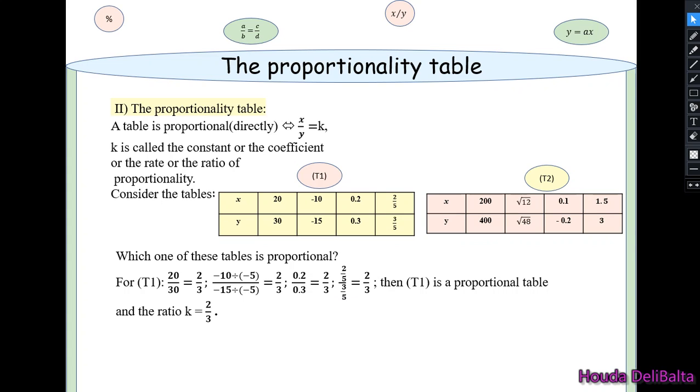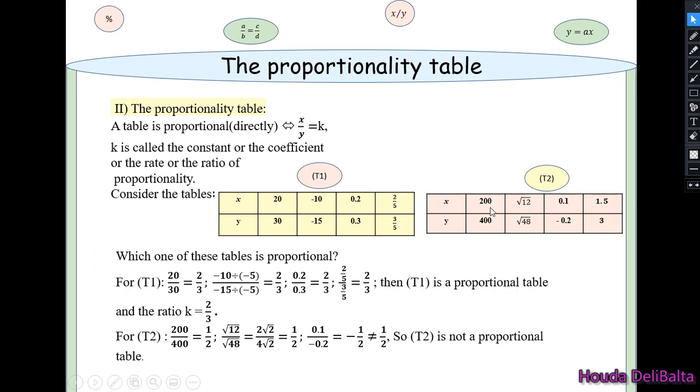Thus, we say that T1 is a proportional table and its rate or ratio of proportionality is k, which is equal to that constant number appearing every time, which is 2 over 3.